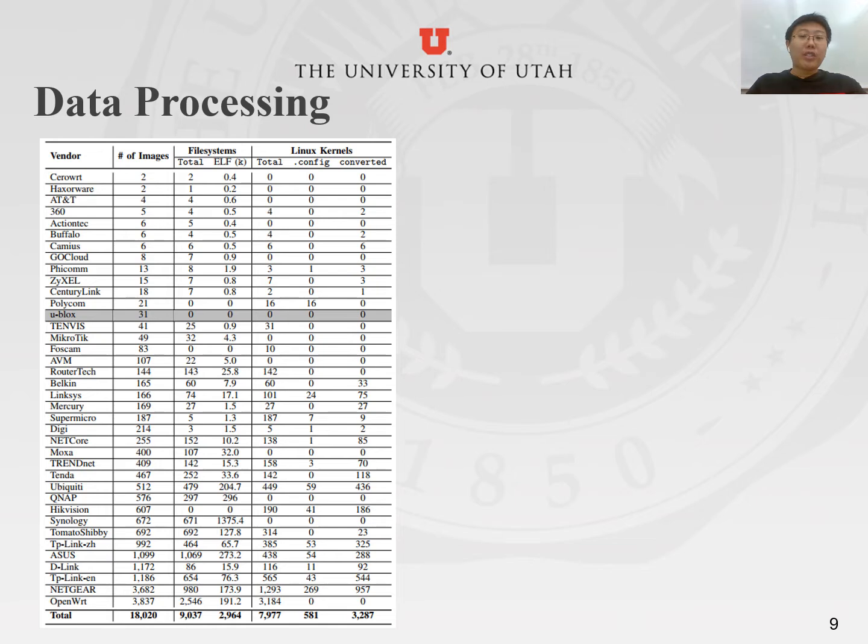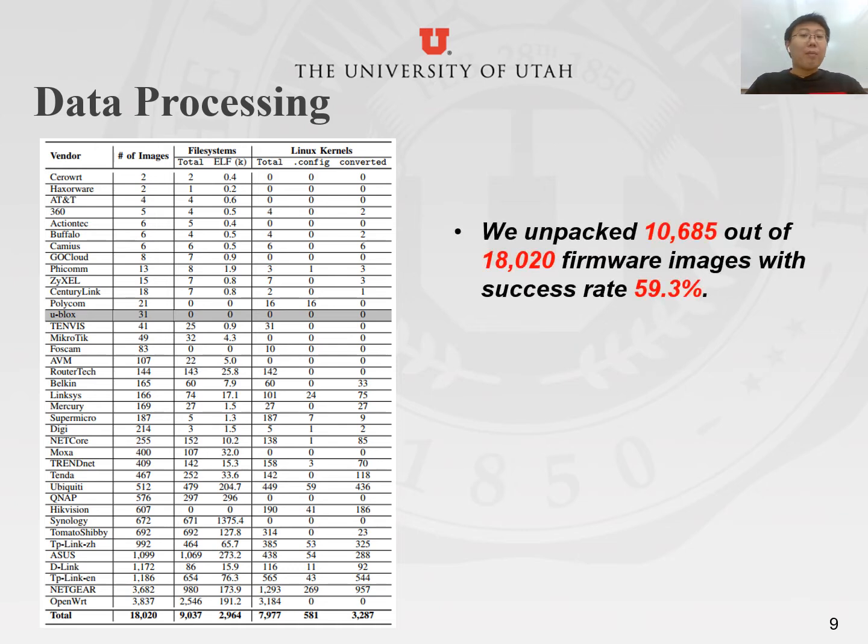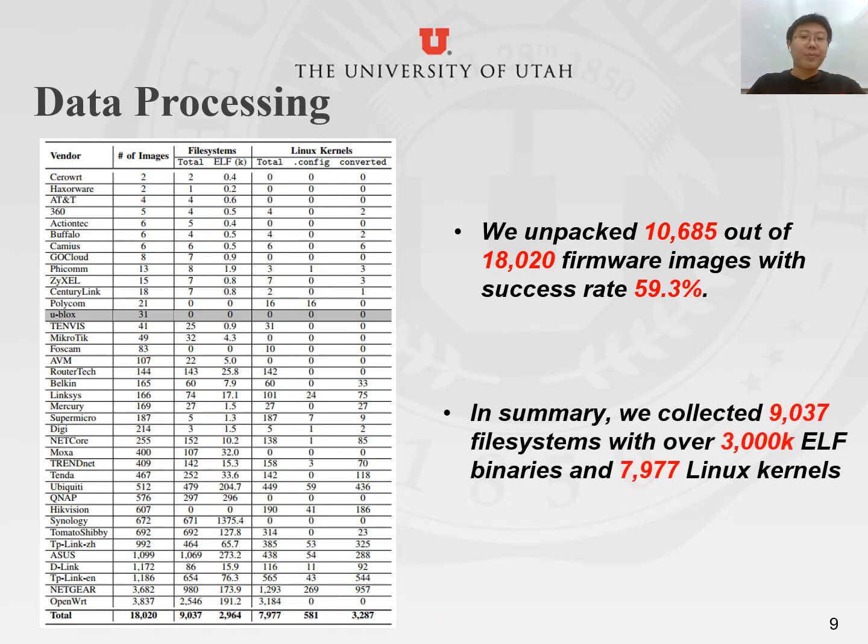The table presents the number of images we collected and unpacked for each vendor. Out of 18,000 firmware images, we unpacked 10,000 and the success rate is about 59%. This includes over 9,000 file systems with 3 million ELF binaries and 8,000 Linux kernels.